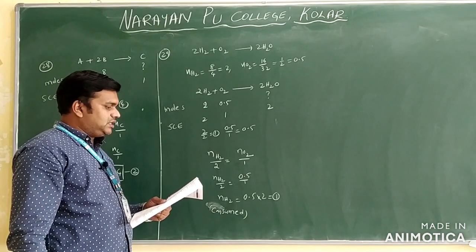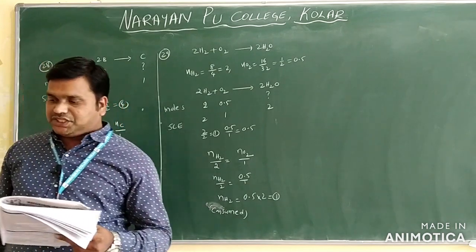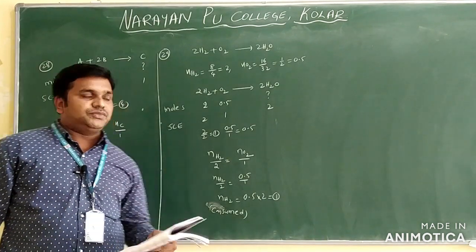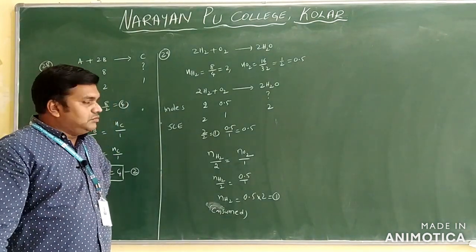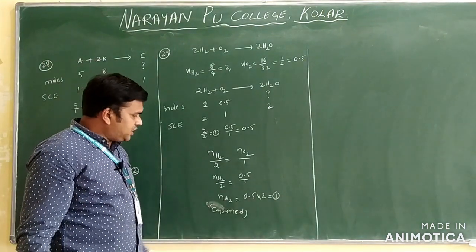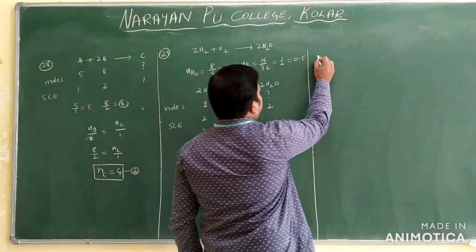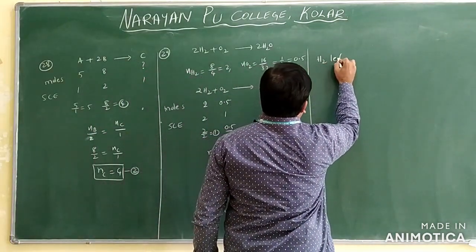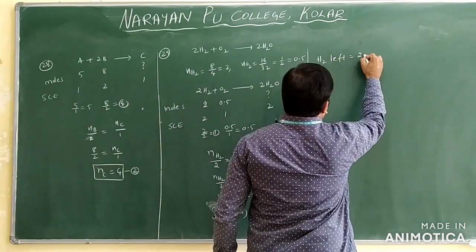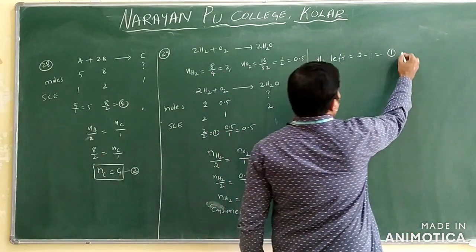So they are asking the amount of H2 left in the reaction. Now we got the number of moles of H2 consumed: 1 mole only. H2 left, I will write: H2 left is equal to 2 minus 1, that is equal to 1 mole only.